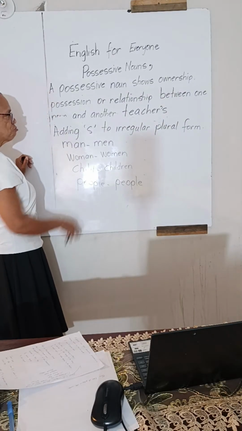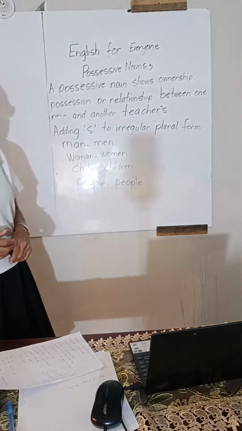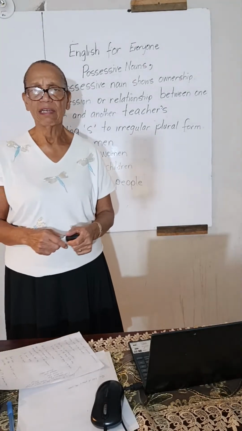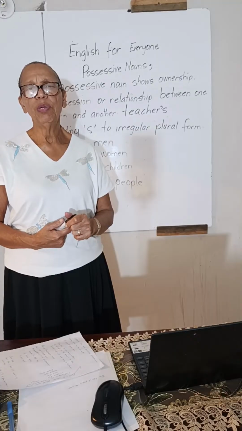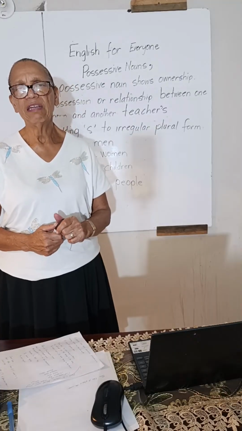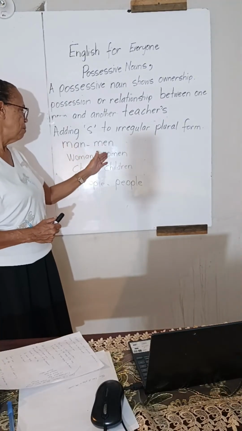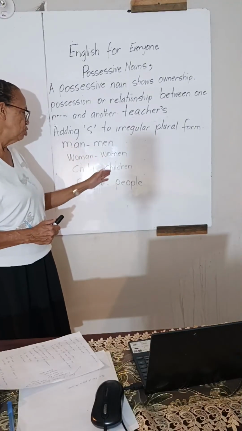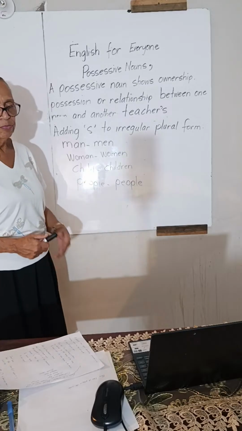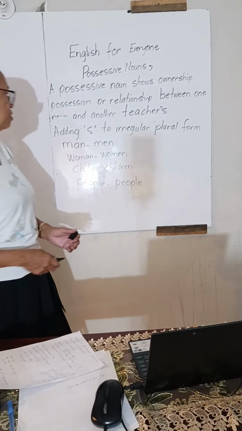Now these are irregular plural forms. Where would we put the S in these cases? Man, men, woman, women, child, children, people, people. How would we do that?